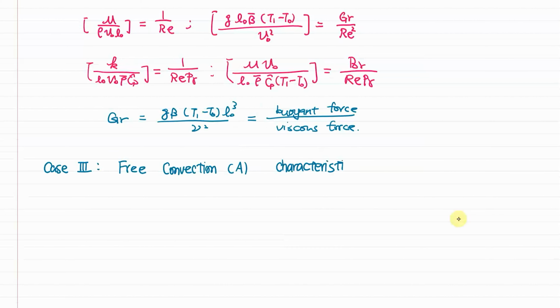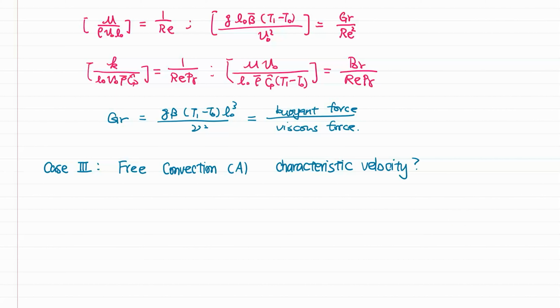Typically for a free convection problem, there is no plug flow or pressure gradient driving a flow, so you do not have some V naught to begin with. Then how would one define a characteristic velocity?